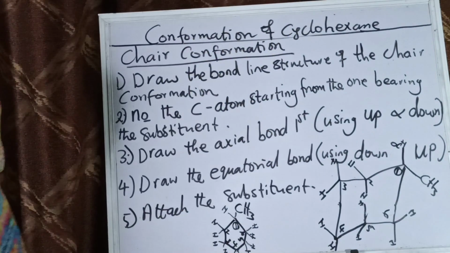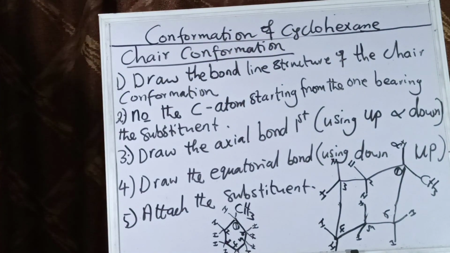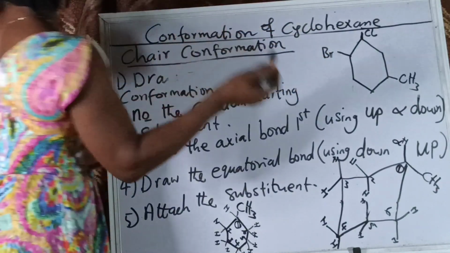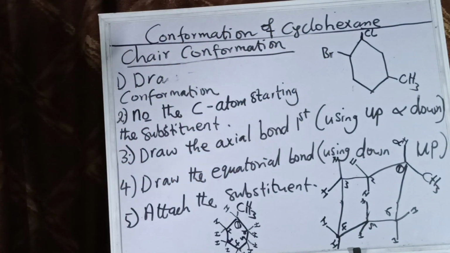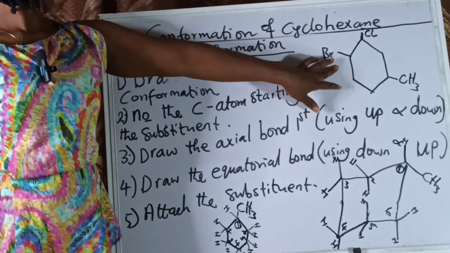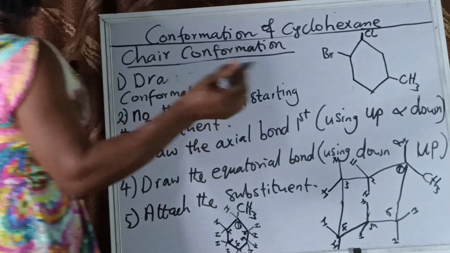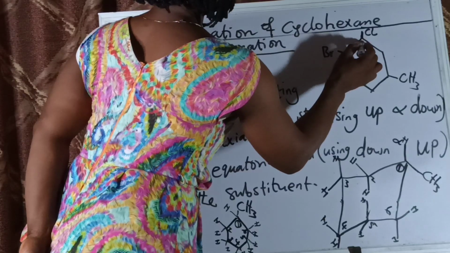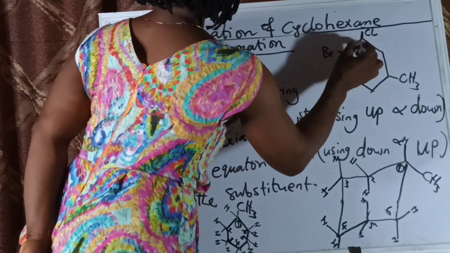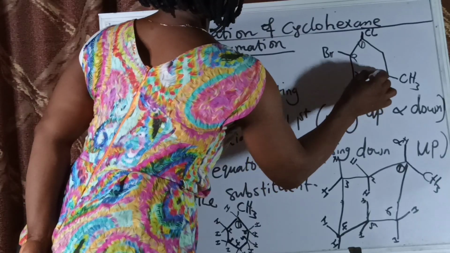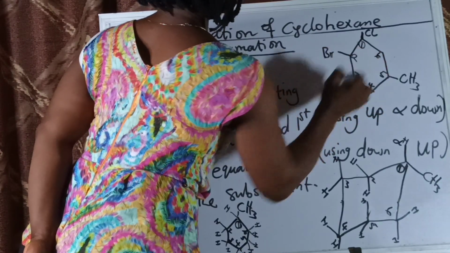And that is it. Let's use another one for more clarification. Now let's draw this structure. This is chlorine. Now this is chlorohexane, right? So let's start numbering. This is chlorine, here will be carbon number 1, carbon number 2, carbon number 3, carbon number 4, carbon number 5, and carbon number 6.